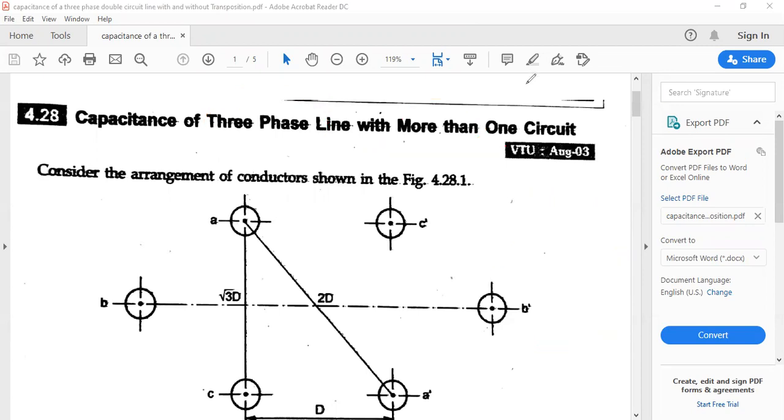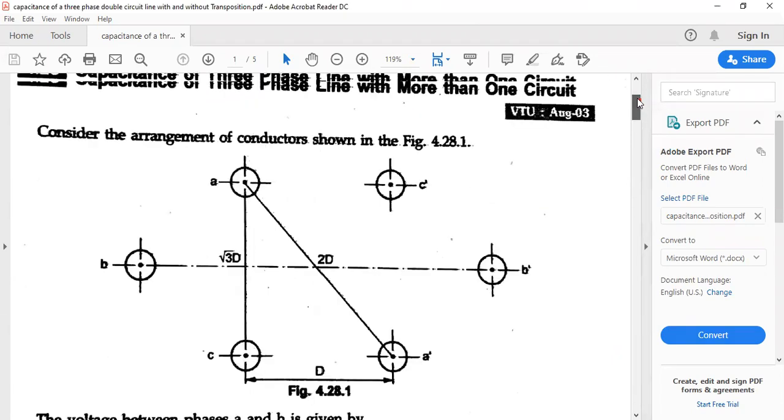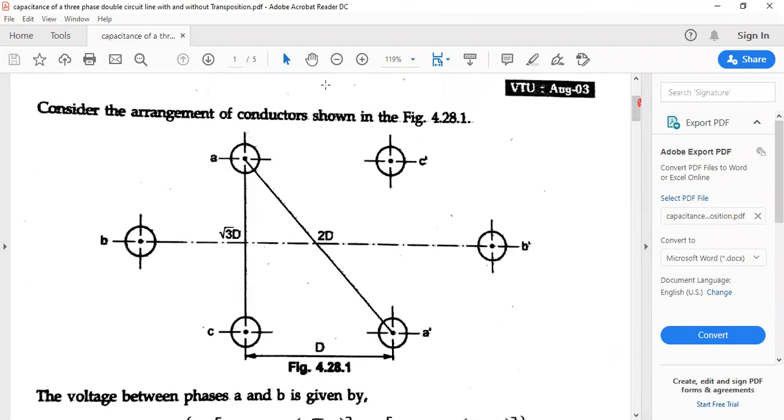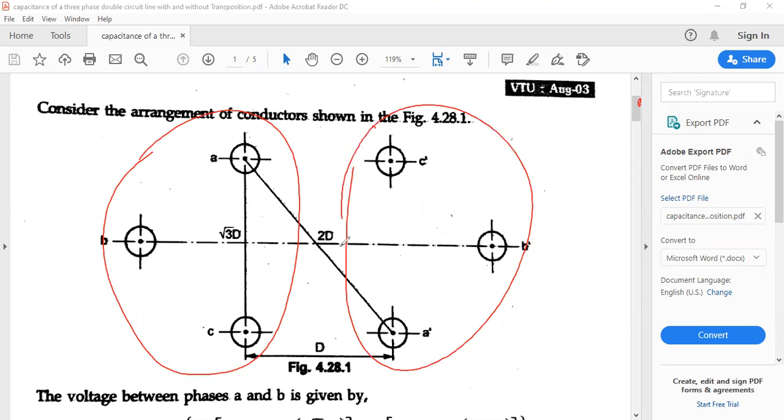So next, you need to find out the capacitance. As I said, the conductors are placed in such a way that A, B, C are placed in this way and the return conductors are placed in this manner.